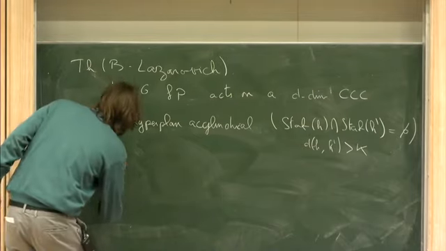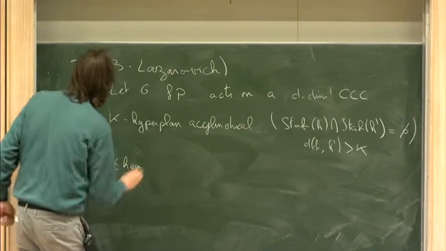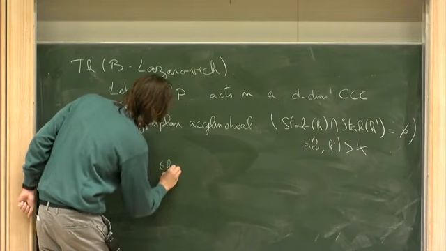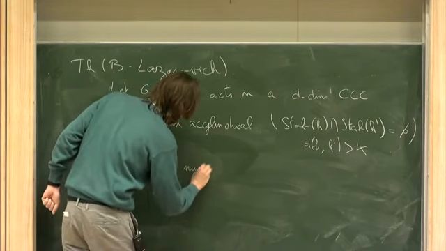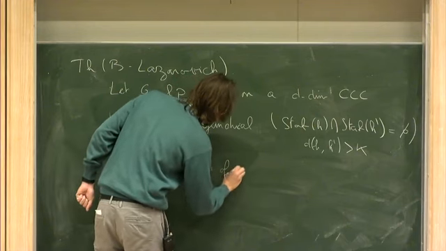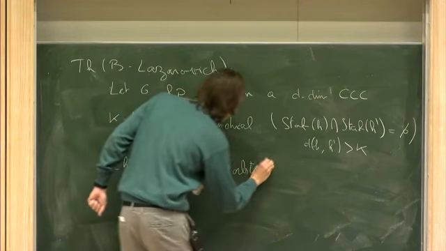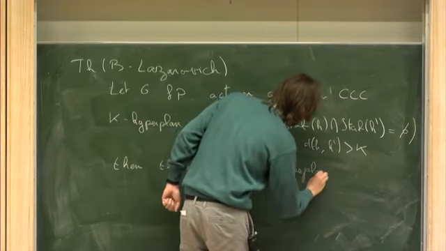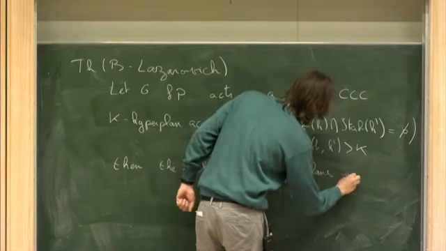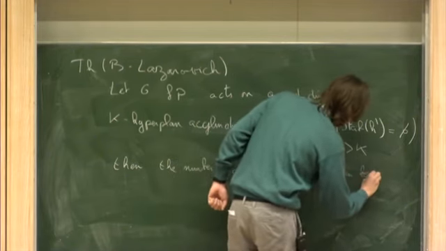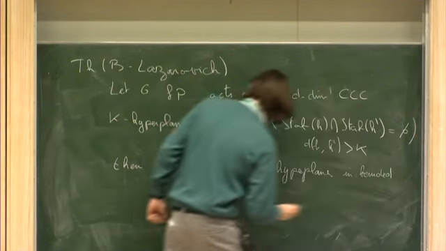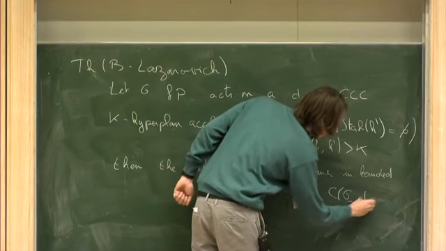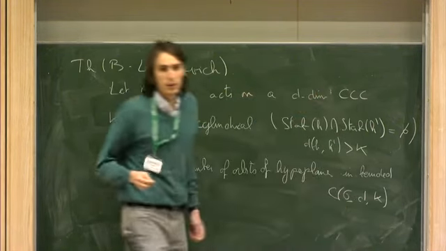And so then the number of orbits of hyperplanes is bounded by a constant that depends on the group, on the dimension, and on K.